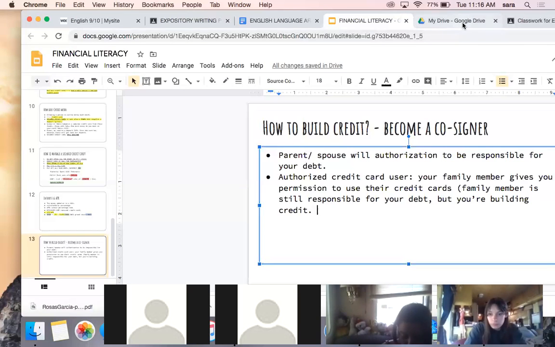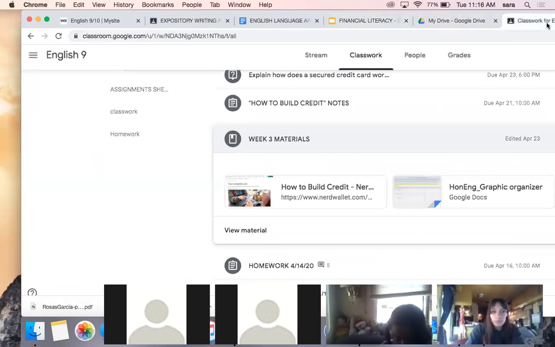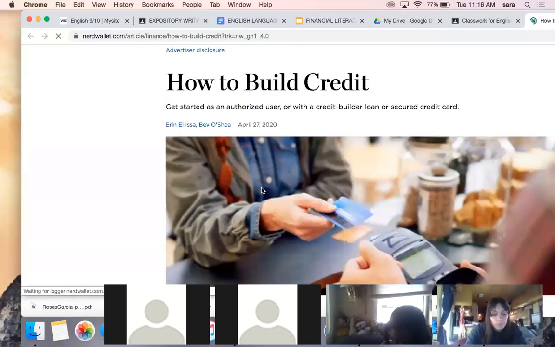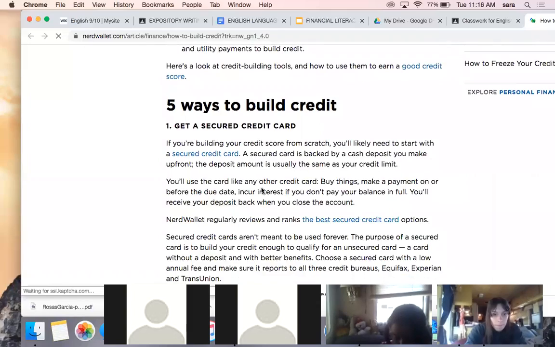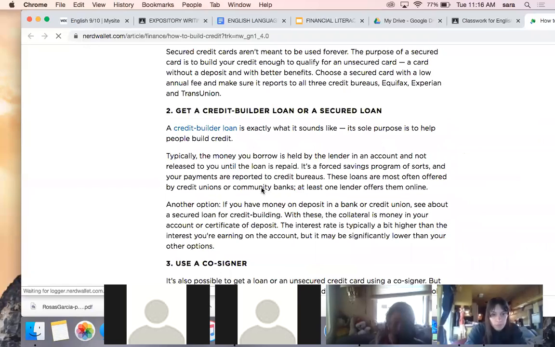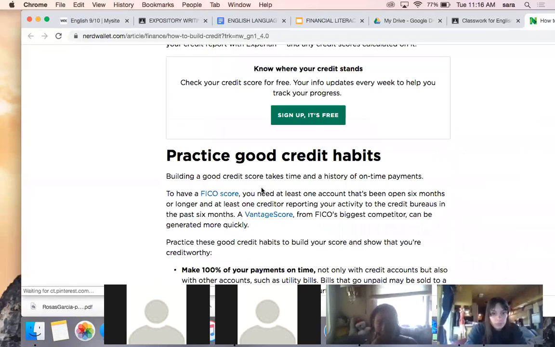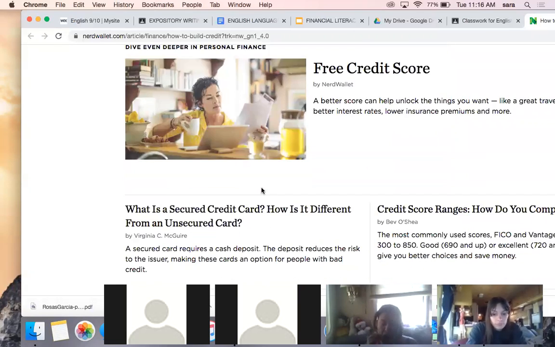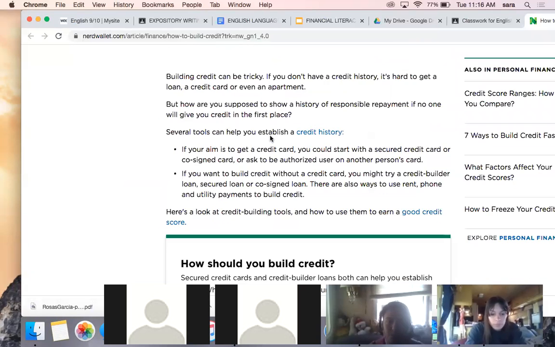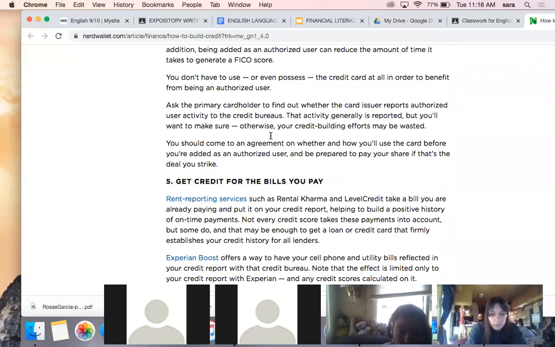And for those of you who are going to be using it, the thing you read goes into a lot more detail than what I'm doing, right? So this NerdWallet article that I gave you guys to read almost a week ago gets you a lot more detail in how to build credit. Okay, so I'm just referencing from here, but this is the article that you'll find your quotes on.